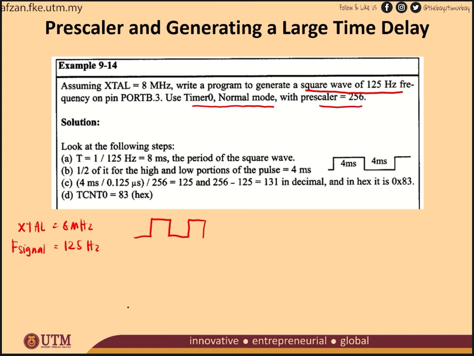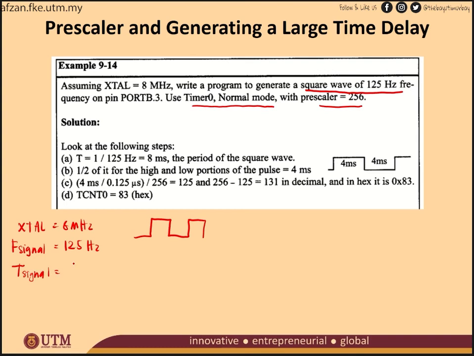with a prescale of 256. First things first, you need to find out what is your T signal, because we have the F signal. This one is your external frequency, and then you have another frequency which is your signal frequency. So you can find your T signal.